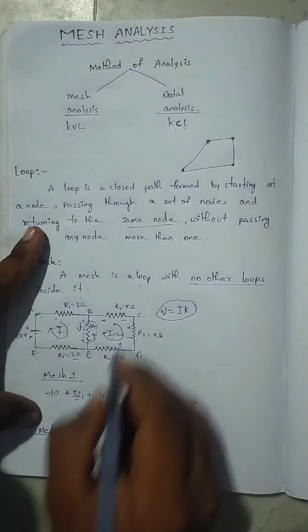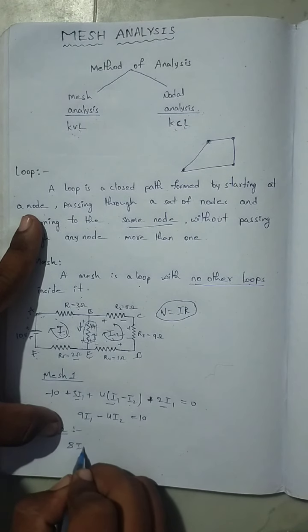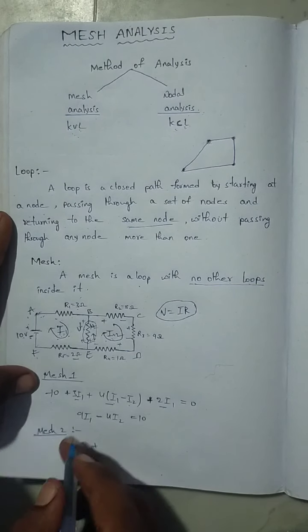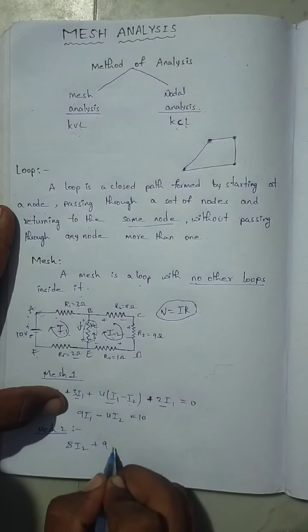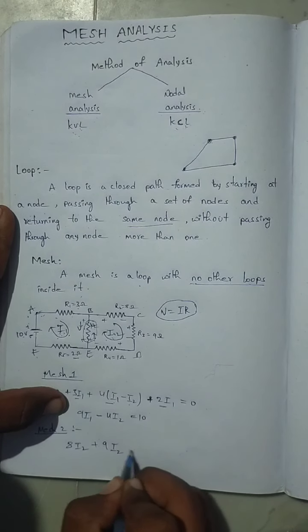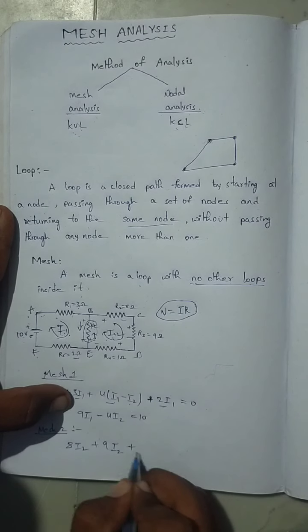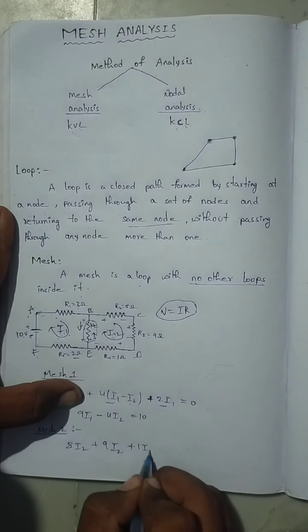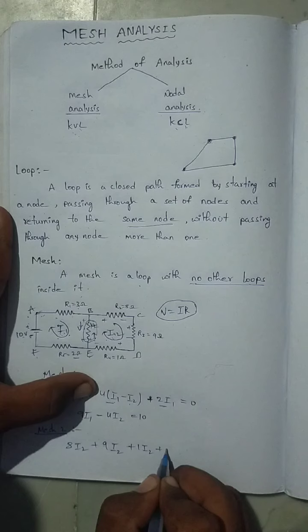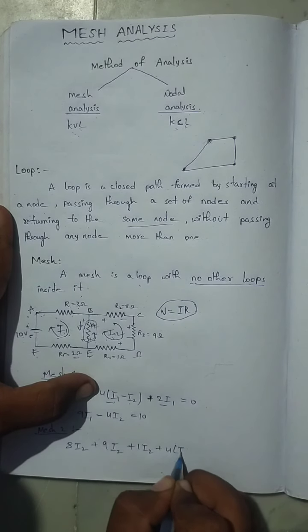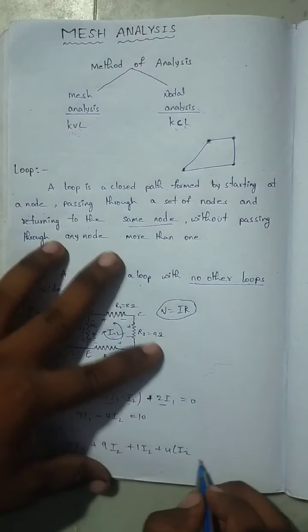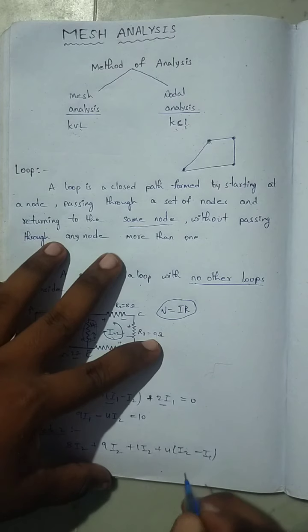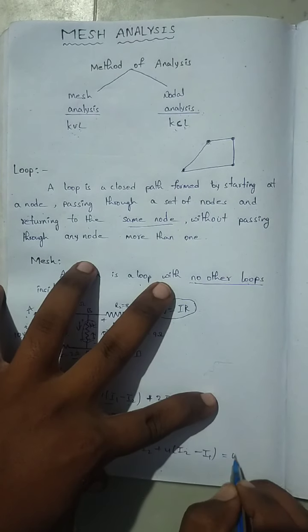Here 8I2 plus 9I2 plus 1I2 plus 4 into (I2 minus I1) is equal to 0.